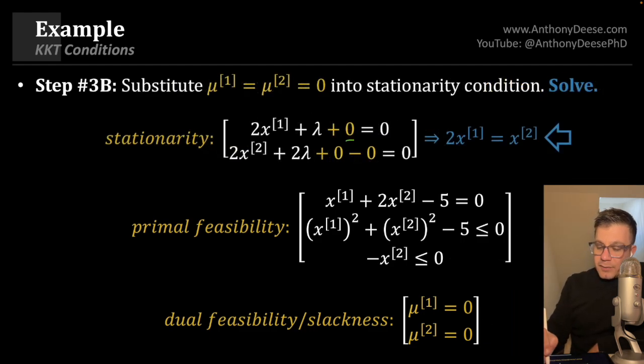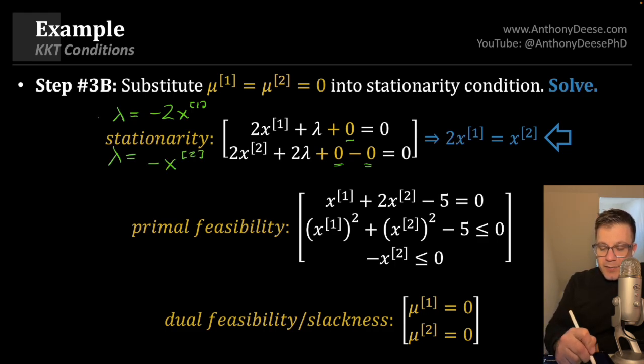So I plugged in those values, and what we end up with is essentially, let's see, lambda is equal to negative 2x1, and lambda is equal to negative x2, right? And then we could set these two equal to one another, and what we end up with is this expression. We see that 2x1 is equal to x2.